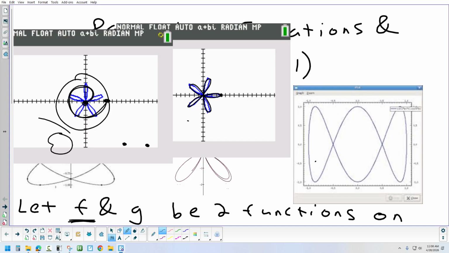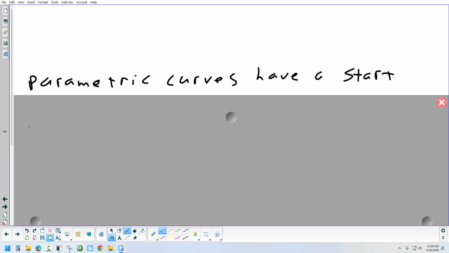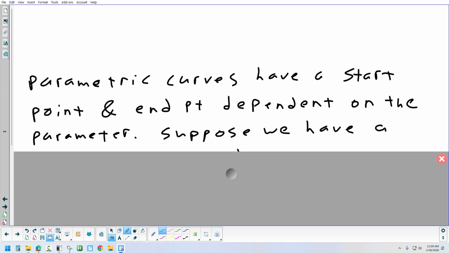I just know that from doing them. But this particular graph starts and stops at the same point. So knowing where a graph starts and stops is helpful, but it doesn't always tell you what everything is going to look like. Okay? Sometimes we need a little more information. But we're going to practice at least learning how to find where a graph starts and stops, because it's helpful.